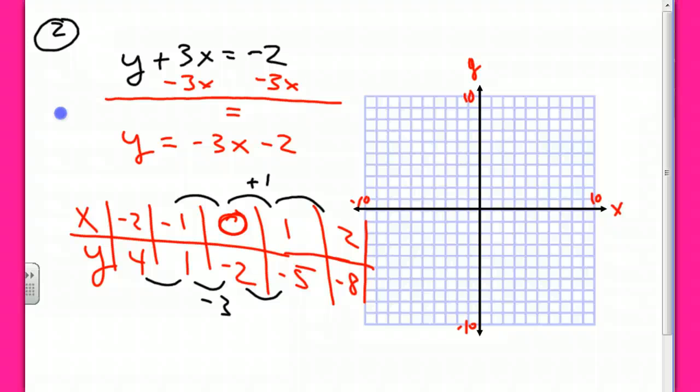And now we simply go plot. So we plot them. Who's done plotting them already? You've already drawn it. 0, negative 2; 1, negative 5; 2, negative 8; negative 1, 1; negative 2, 4.